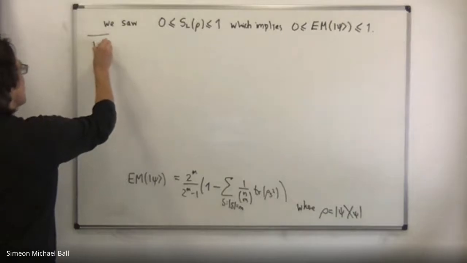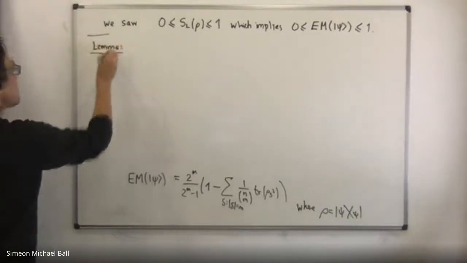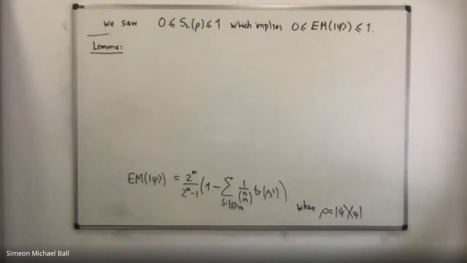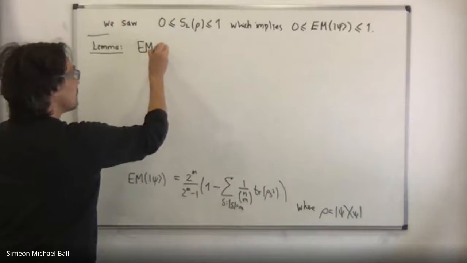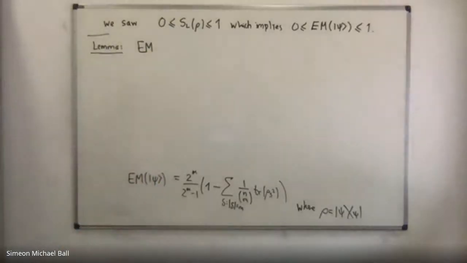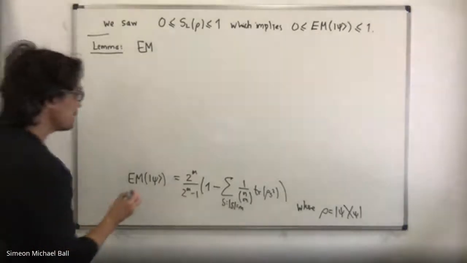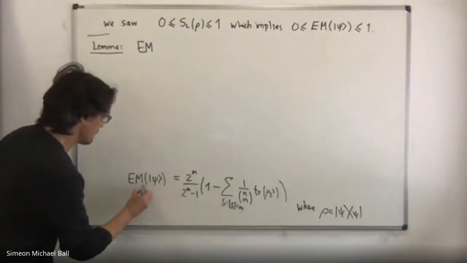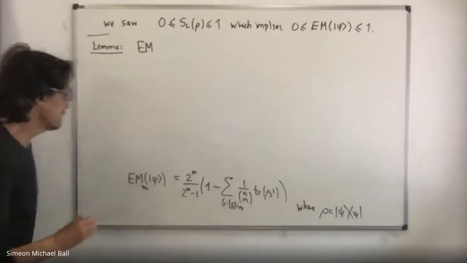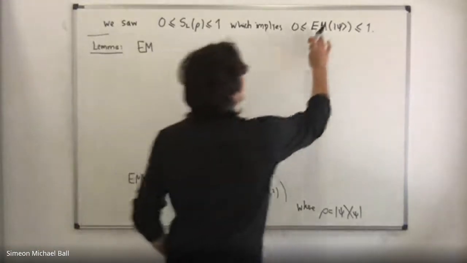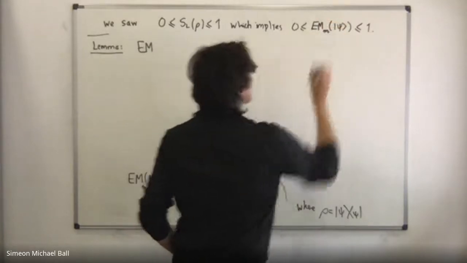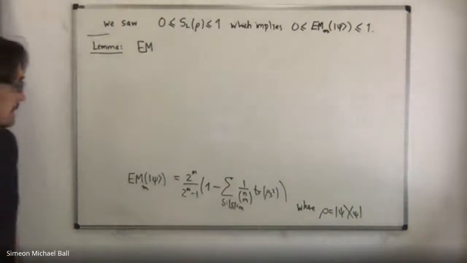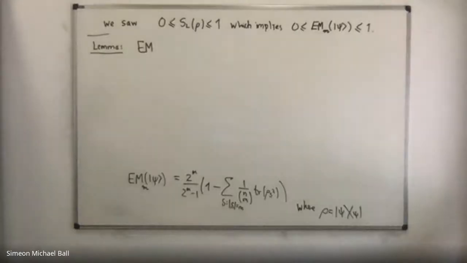So what happens if the entanglement measure gets to 0? I should have probably said that this of course depends on which n you're choosing, so this is for some n, n being the number of qubits in the system.